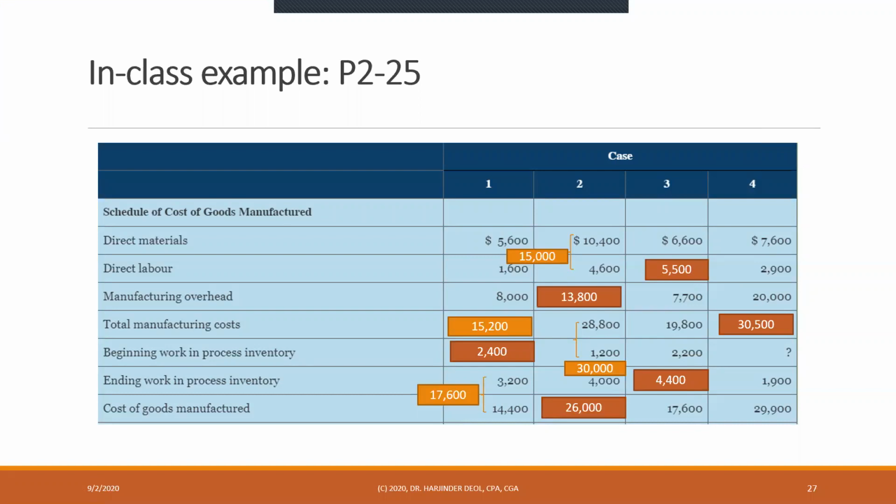So ending work in process inventory is 1,900. The cost of goods manufactured is $29,900. If we add the two amounts, you get $31,800. So given that the total manufacturing cost is $30,500, the beginning work in process inventory has got to be the difference, which is $1,300.